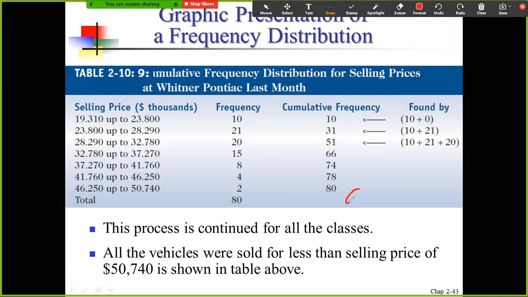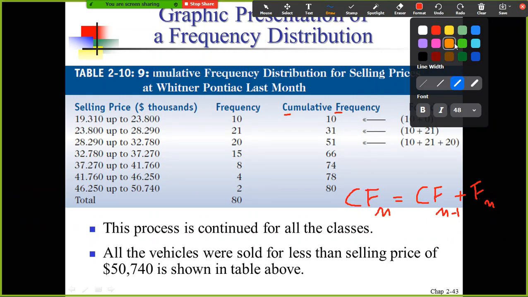The formula: the cumulative frequency of the nth class is equal to the cumulative frequency of class n minus 1 plus the frequency of the nth class. Okay, so I give you an example.